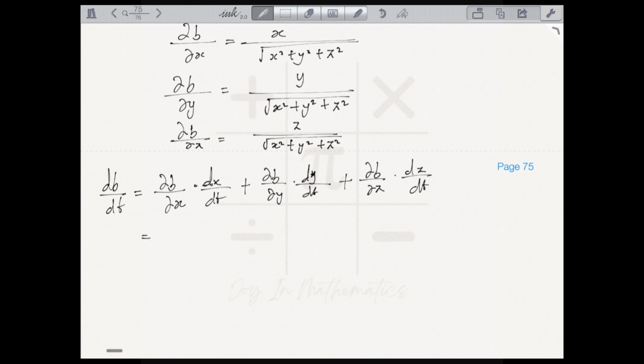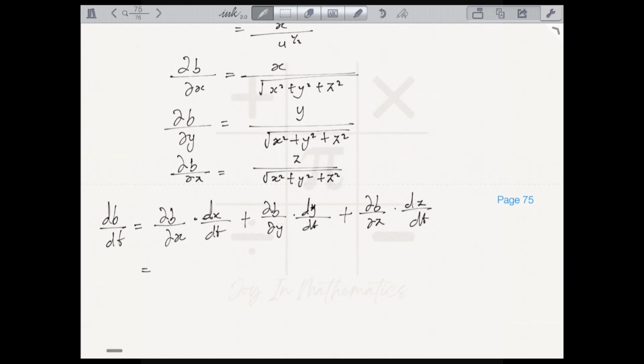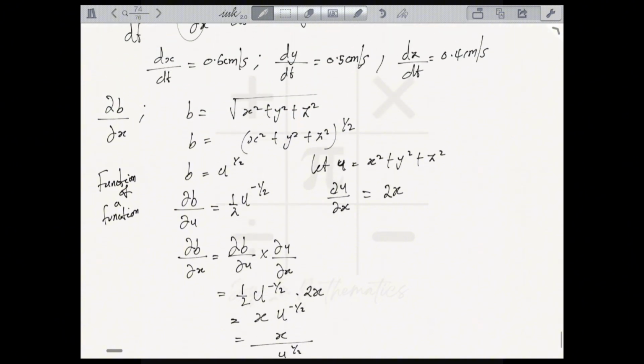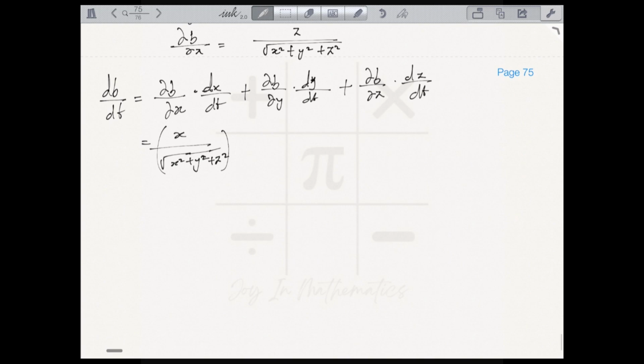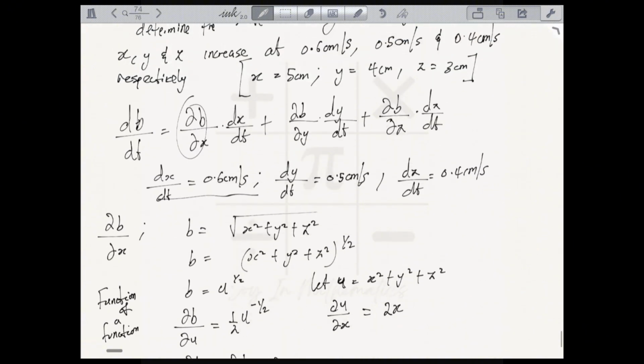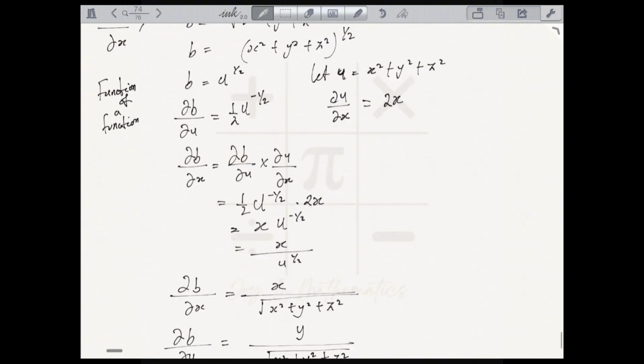And let's substitute our dB/dx, that's x divided by the square root of x squared plus y squared plus z squared, and dx/dt, as we have seen, is 0.6, plus dB/dy, that is y divided by the square root of x squared plus y squared plus z squared, and dy/dt, as we are seeing here, is 0.5.